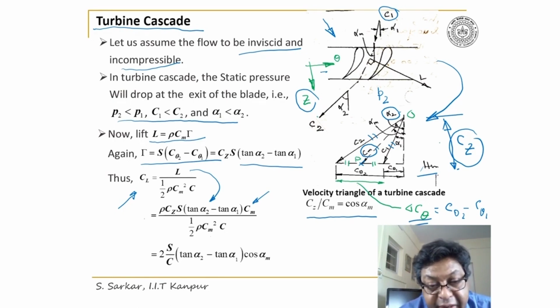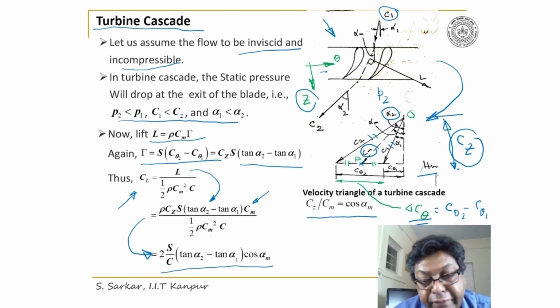Now from here I can easily arrive at the expression of Cl, that will be twice S by C tan alpha 2 minus tan alpha 1 into cos alpha m for a turbine cascade.